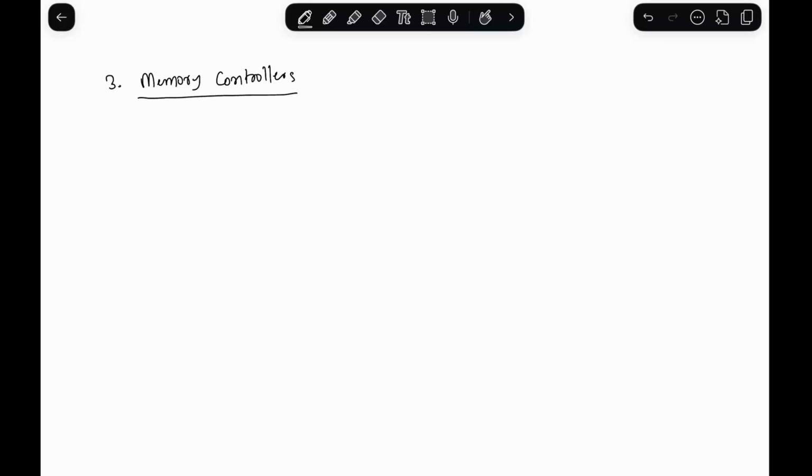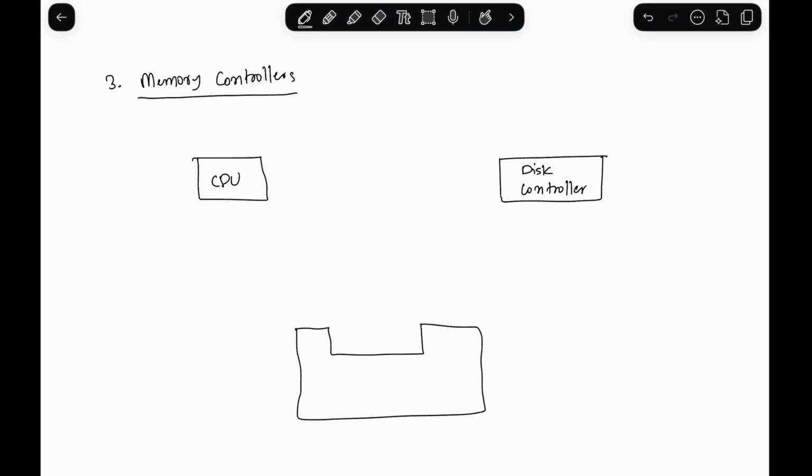So to depict that situation, let's try to draw a diagram. Imagine this is our CPU, and this one is the disk controller, and this one is the RAM. Imagine the CPU wants to write some data or command.